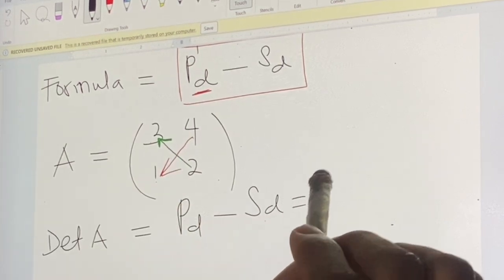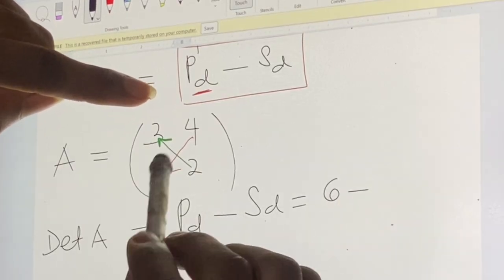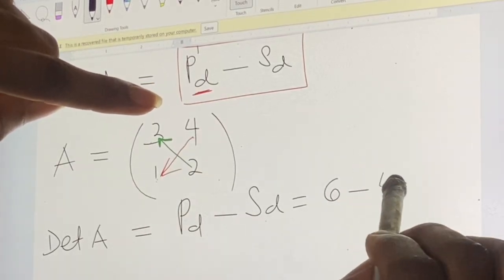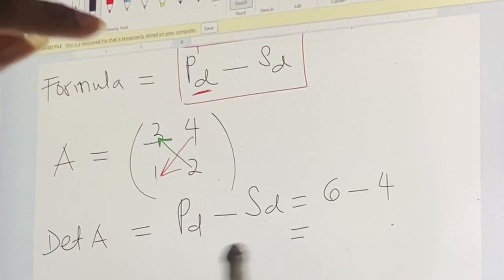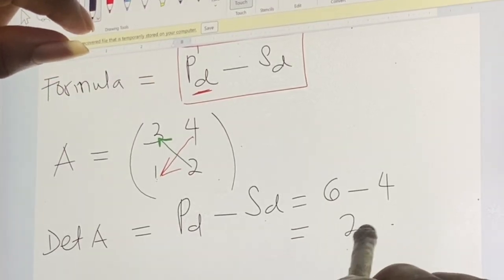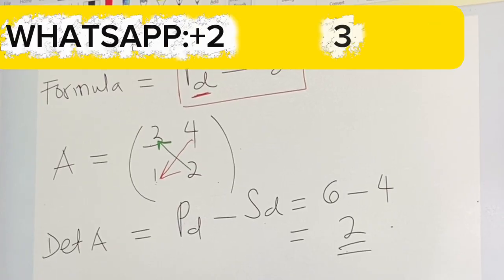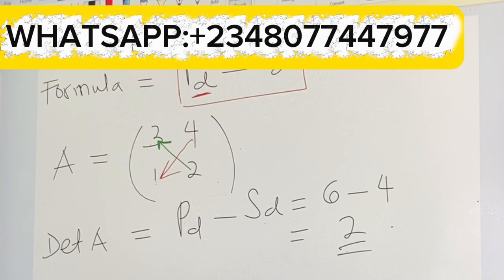So let's multiply. 2 times 3 gives 6, minus 4 times 1 which gives 4. So the determinant of this 2 by 2 matrix is 2. Please take note. This is how we solve the determinant of a 2 by 2 order of matrix.